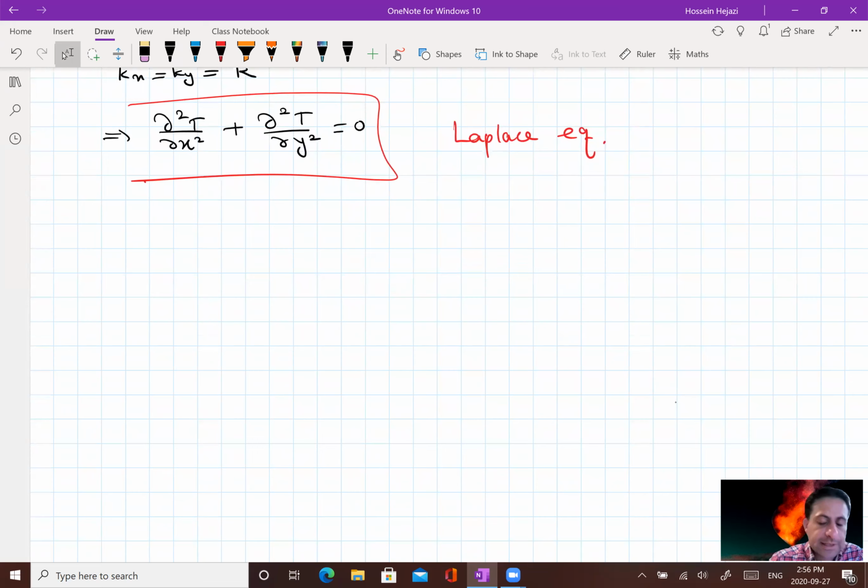If I want to represent the heat transfer in a 2D domain, I can show it on a solid. Let's say we have a solid with this geometry.